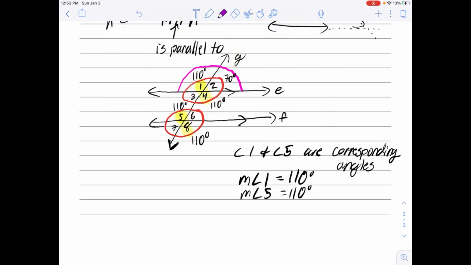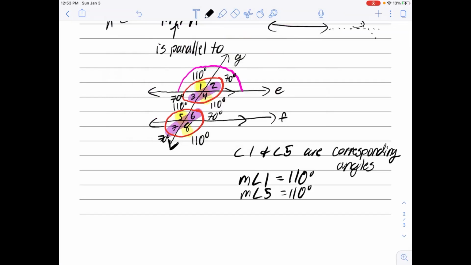Angle 2 is vertical to angle 3, so angle 3 is also 70 degrees. And this looks the same down below. 6 and 7 are corresponding to 2 and 3. Now these two are also 70 degrees.